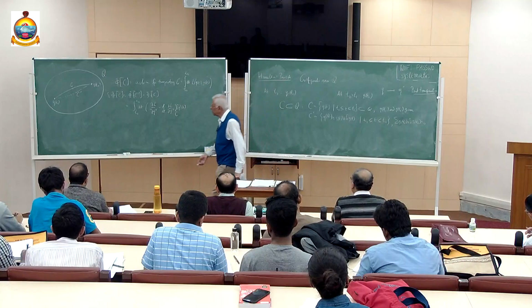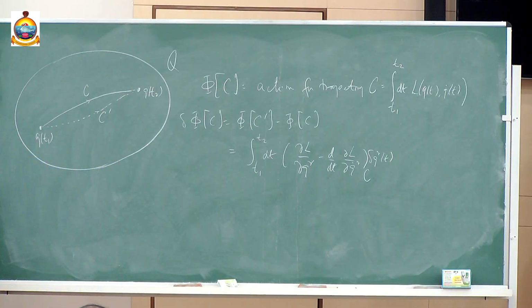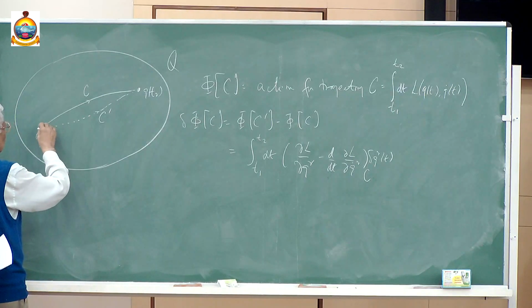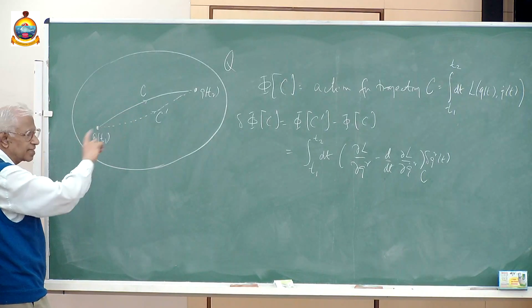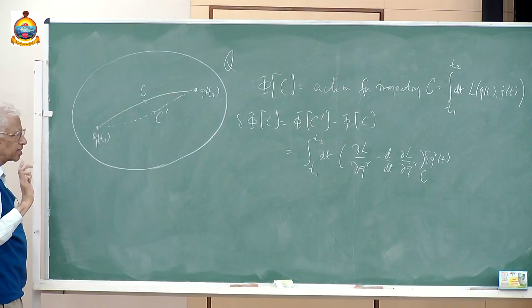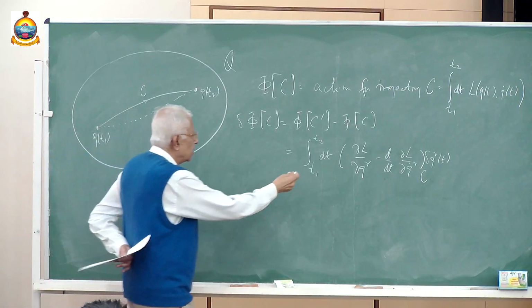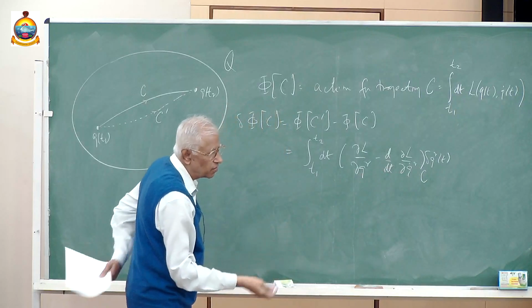I repeat, given initial and final configurations, the actual path chosen by the differential equations of motion, or the actual path followed by your mechanical system, is such that if you imagine small changes about the actual path, of course, the endpoints being untouched, the action does not change, because this expression is 0 according to the differential equations of motion.